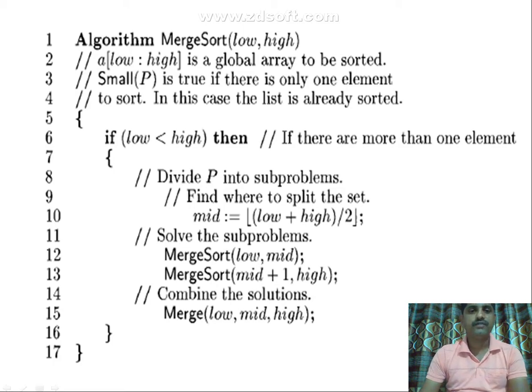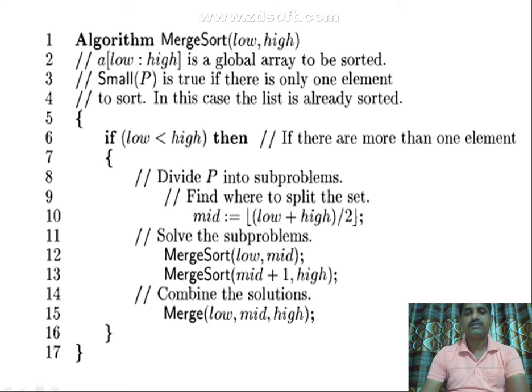If low is less than high, then there is more than one element, so we have to divide.